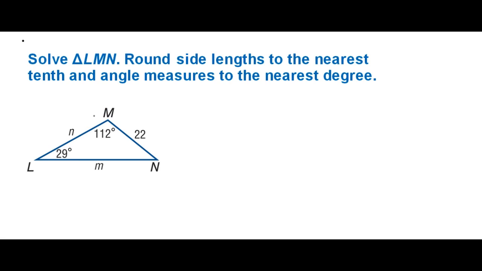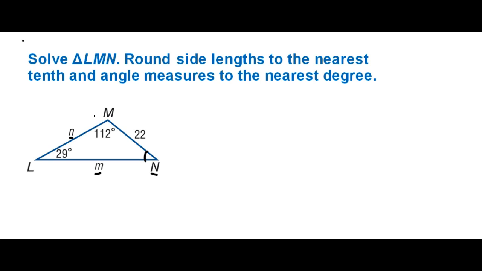We're given the side lowercase l over here, and we want to solve this triangle. So we want to find side n, side m, and angle n. First of all, angle n should be relatively easy to solve using some geometry principles.